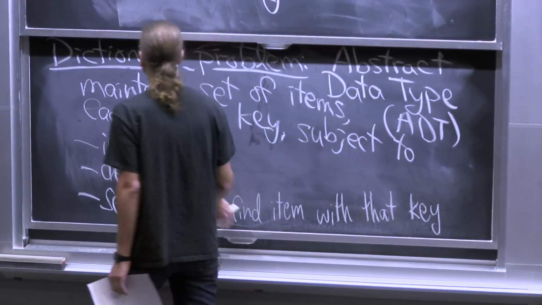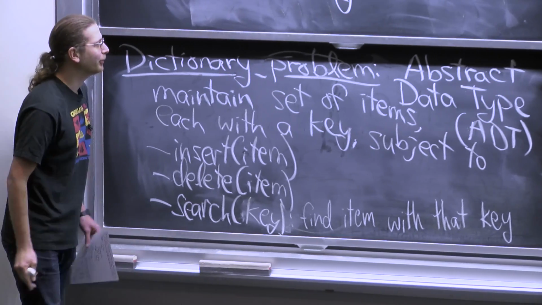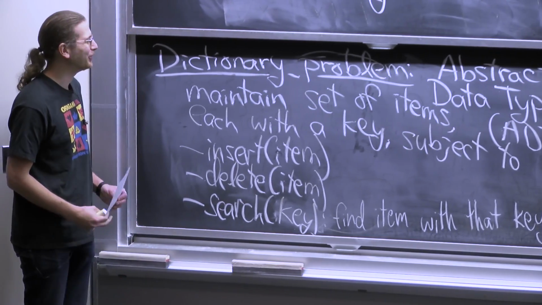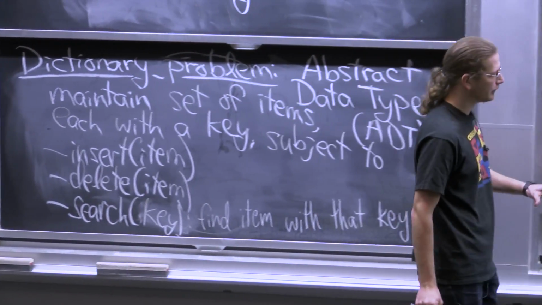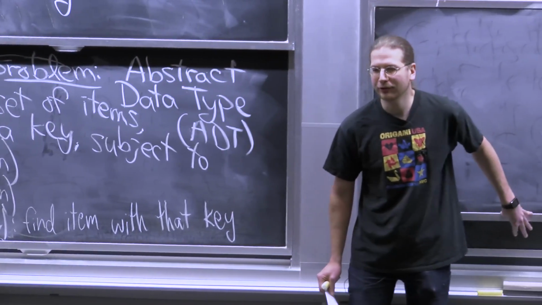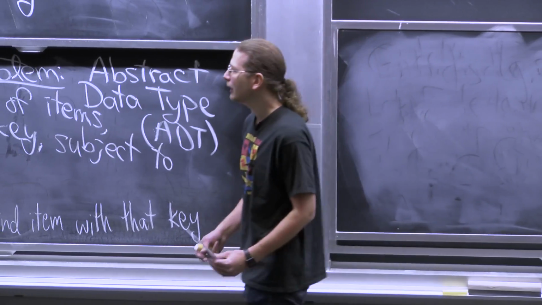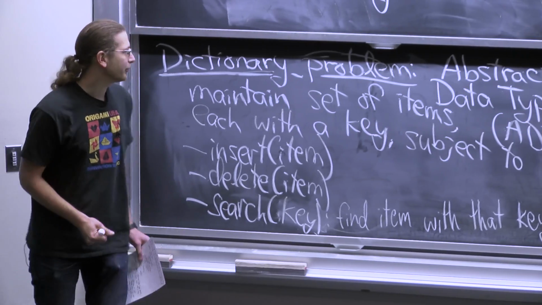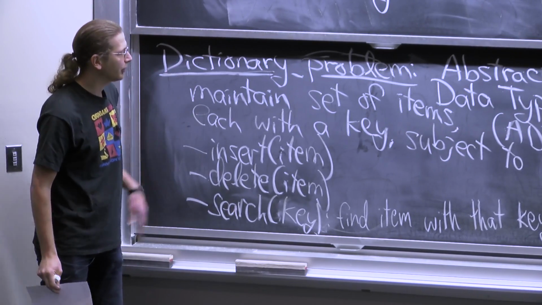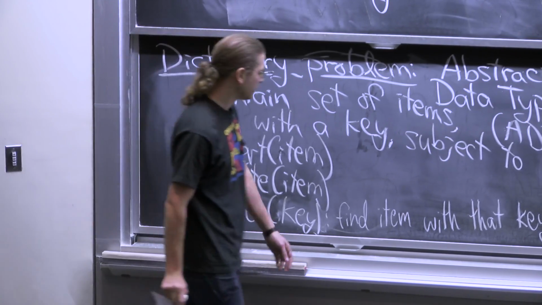And for whatever reason, this is called a dictionary problem. Though it's unlike a real dictionary. Usually when you search for a word, you do find its neighbors. Here, if the key's there, we find the item, otherwise not. And this is exactly what a Python dictionary implements. So I guess that's why Python dictionaries are called dicts.